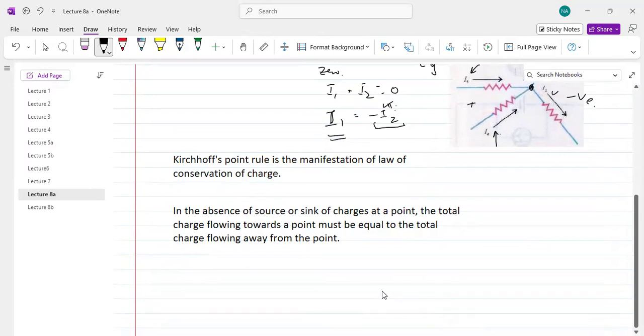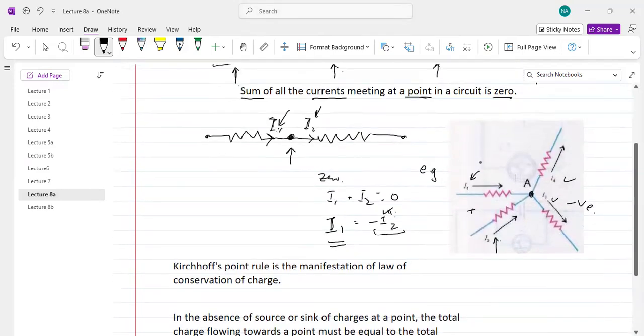So in that case, we can write the sum of all the currents as I1 plus I2 plus, according to our convention, I3 is negative plus I4 is also negative.